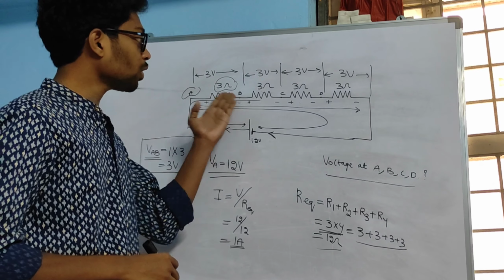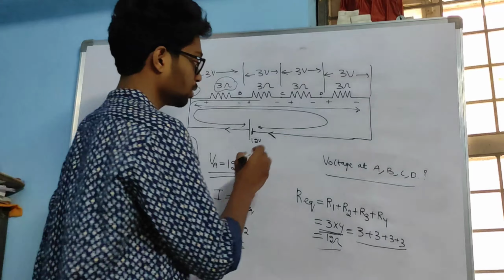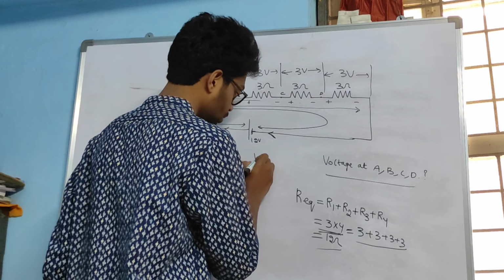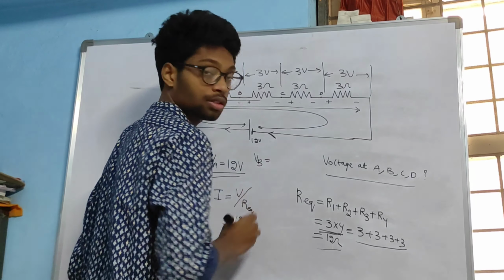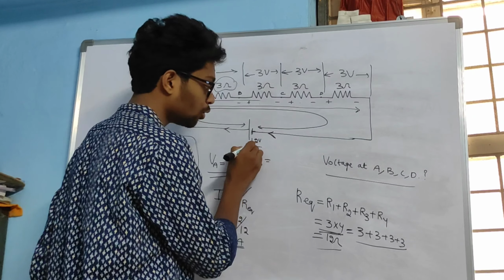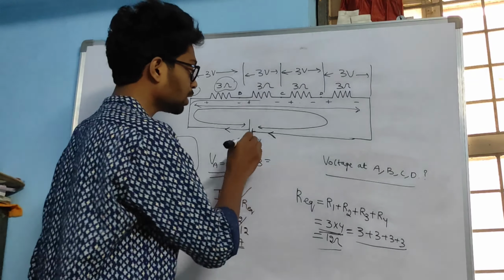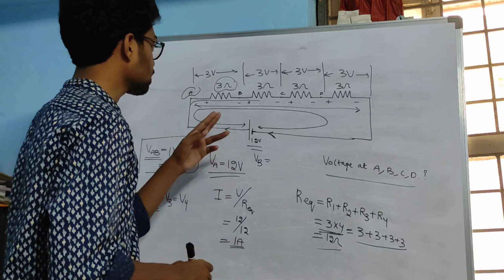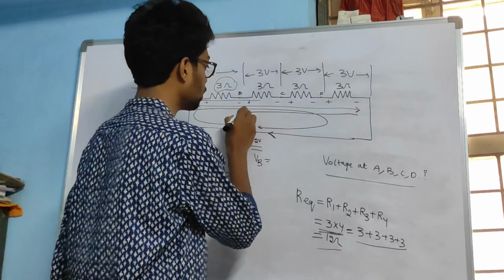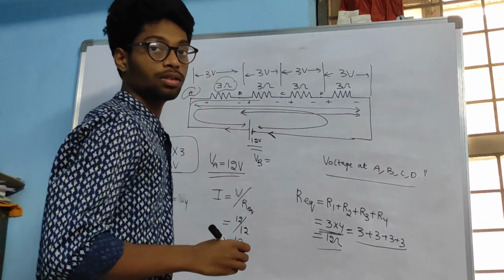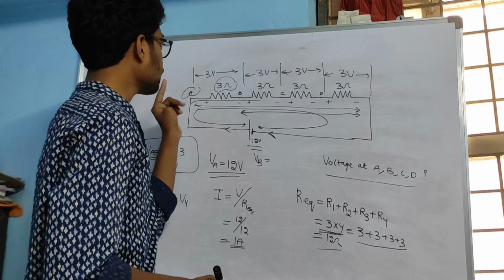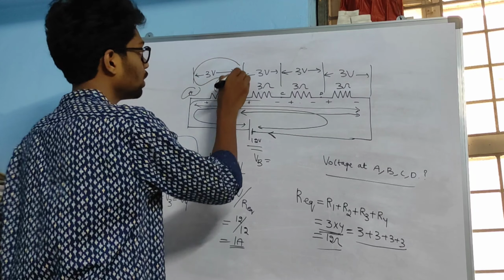Friends, if you have to find the voltage at point B, let me take as VB. So the applied voltage is of 12 volts. With respect to the reference, I am taking this. So I have to take the voltage drop from here to here with respect to the reference, because the voltage drop is already there over here.